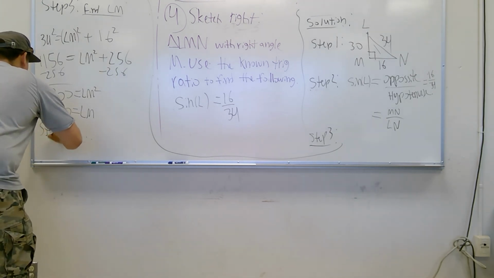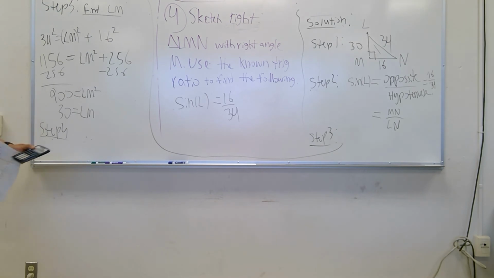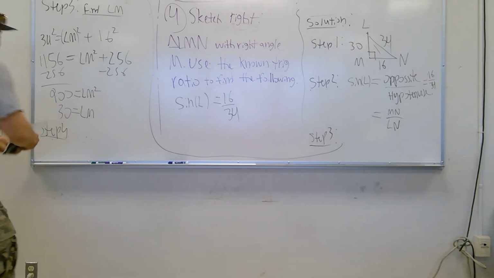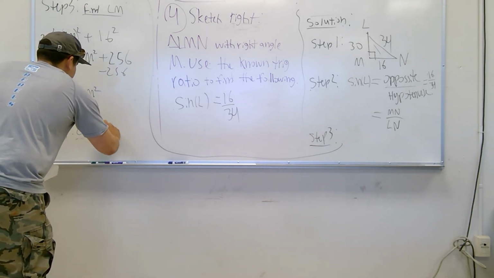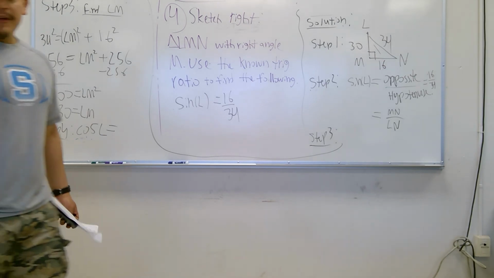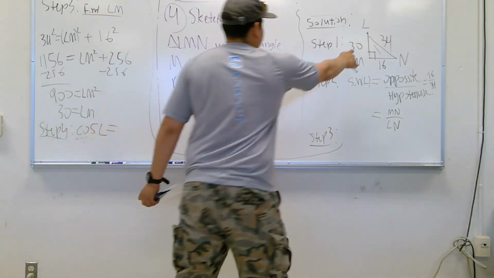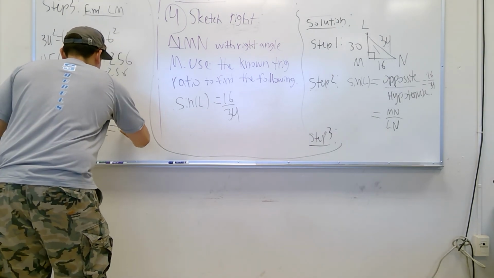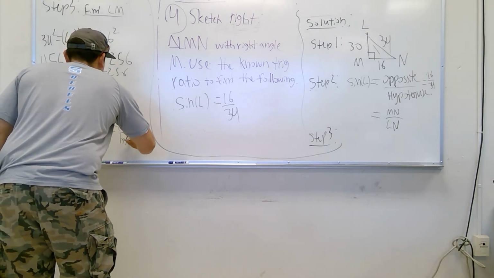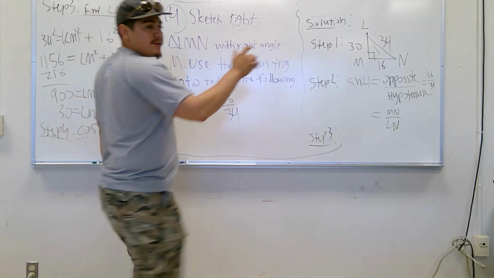Step 4, we have to find the remaining trig ratios. So for 4, we have cosine L. Let's solve for cosine L. Remember, L is going to be the reference angle. Cosine is adjacent over the hypotenuse. So L is here.